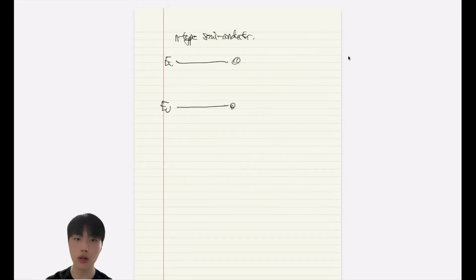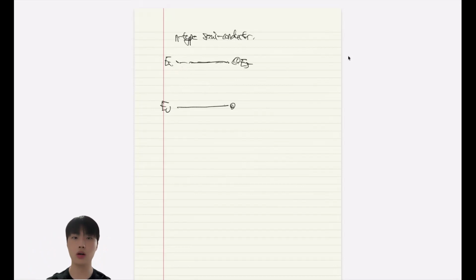In general, for n-type semiconductor, the Fermi level is near the conduction band, but we suppose that this n-type semiconductor is heavily doped, so the Fermi level is almost at the conduction band. So this is the Fermi level.